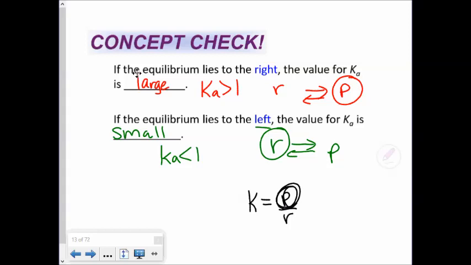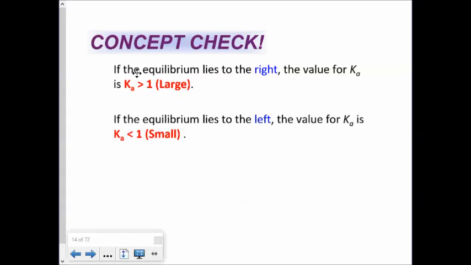If you have more of the bottom number, then your K should be less than 1. So once again, Ka would be larger than 1 and a large number, or Ka would be smaller than 1 and a small number.